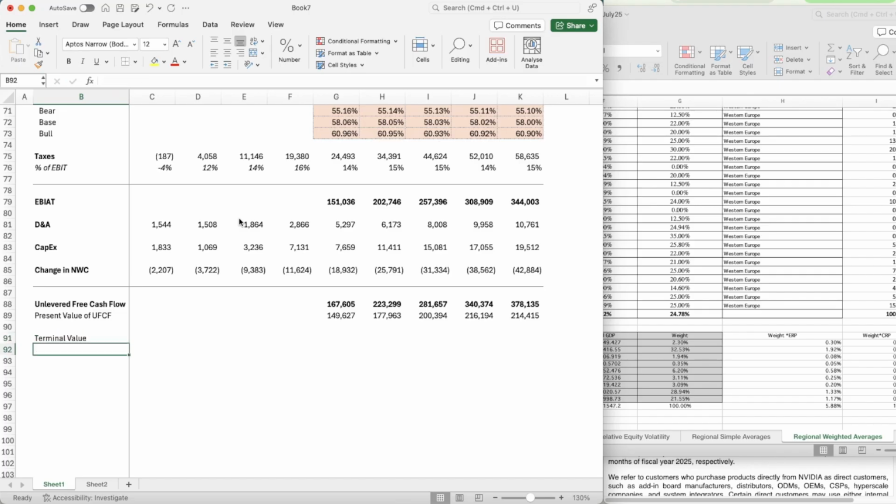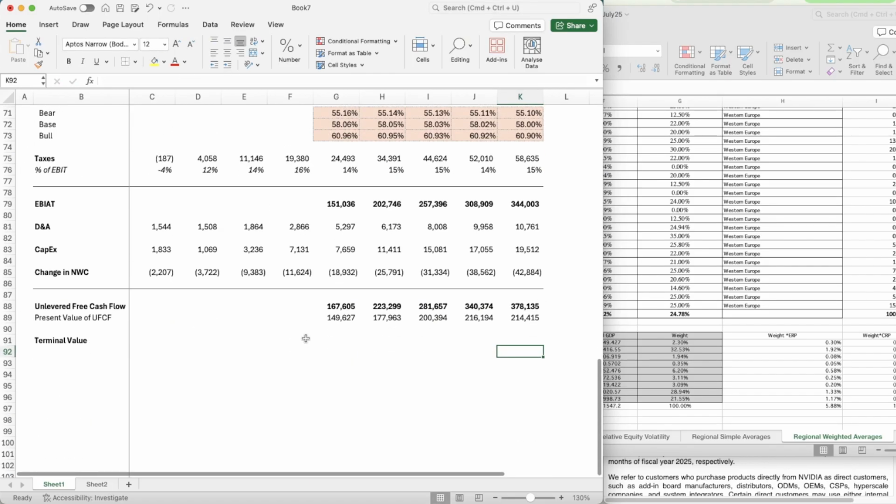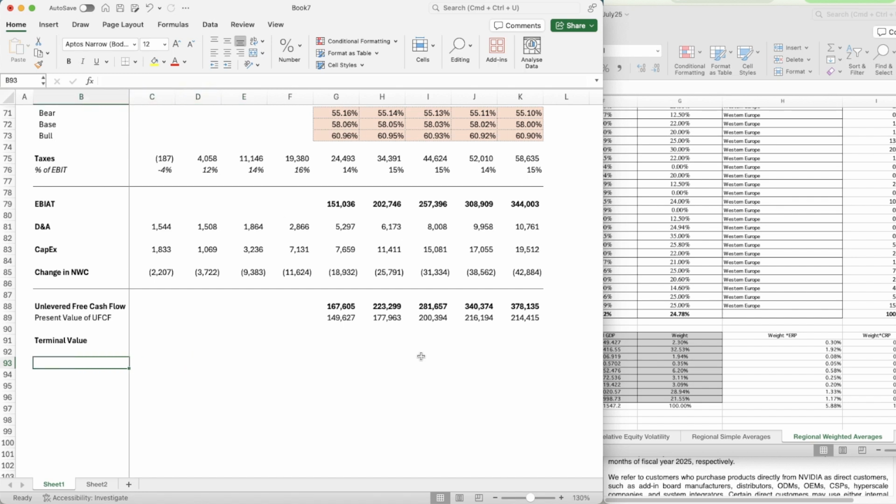Now we want to look at the terminal value. This is done by taking the final year of the forecasted free cash flow, multiplied by 1 plus the terminal growth value, divided by your WACC minus your terminal growth value. It will come up in a second. It always takes a bit of time.